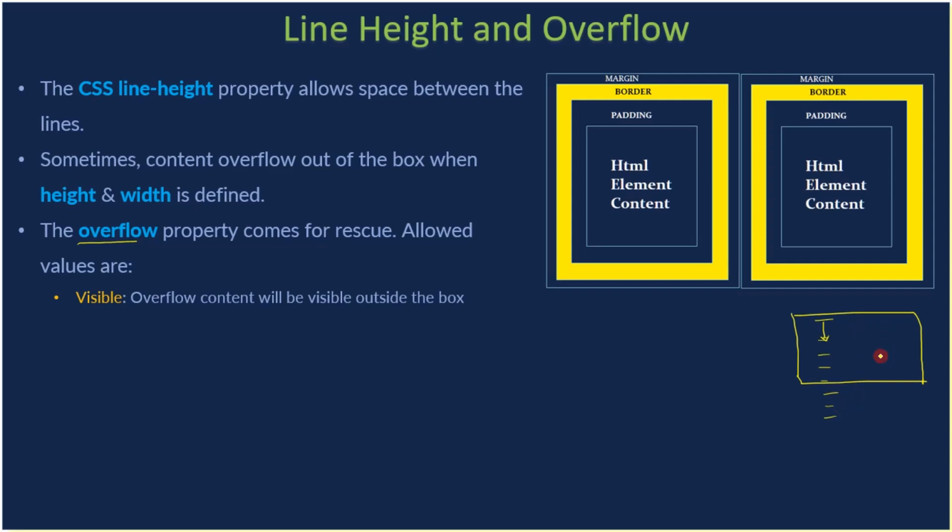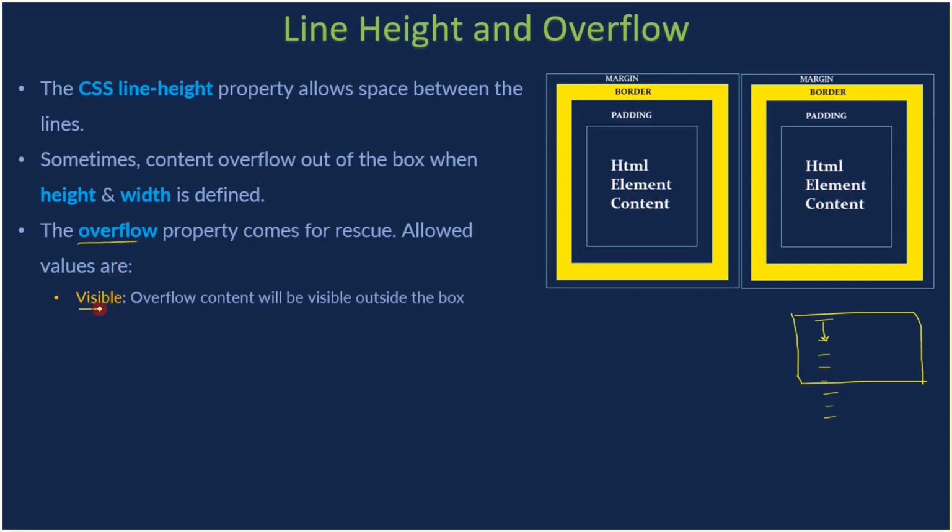So to avoid this overflow, or to tackle this overflow, there is a property called overflow, the CSS overflow property, and let's see the effect of the values that we set to this overflow property.